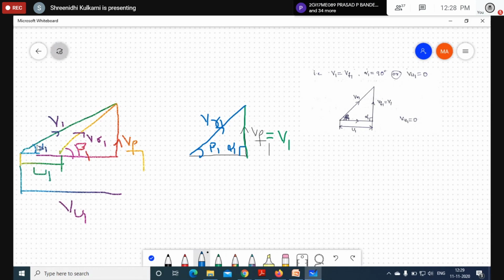Why? Whatever this absolute velocity is, axially or radially, V1 falls on VF1, because the fluid is entering axially or radially.